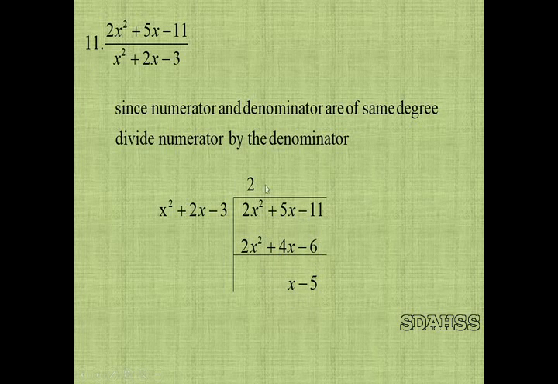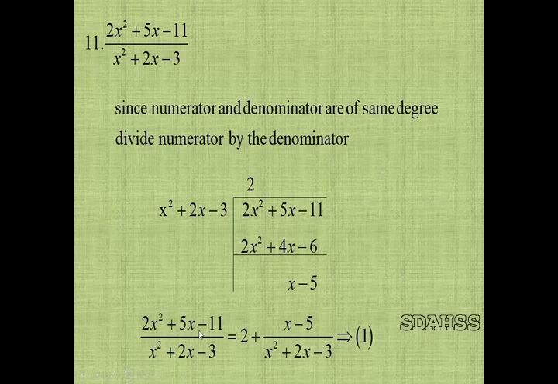Now this is quotient, remainder and the divisor. So this can be written as (2x square plus 5x minus 11) divided by (x square plus 2x minus 3) is equal to, first you have to write the quotient 2 plus, and then remainder by divisor.